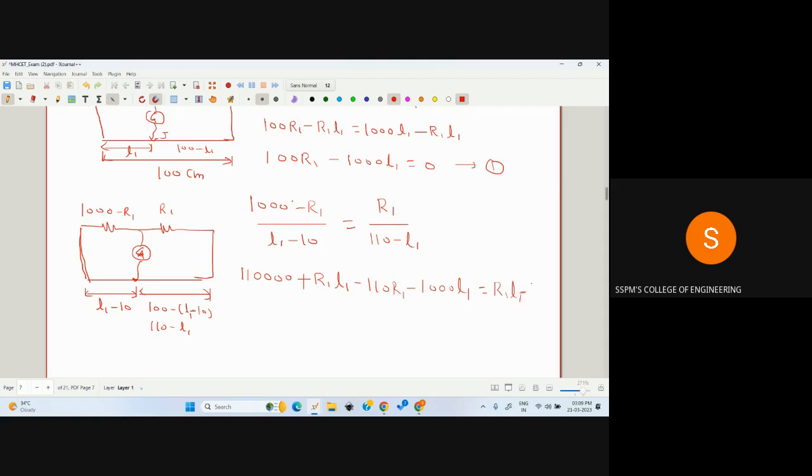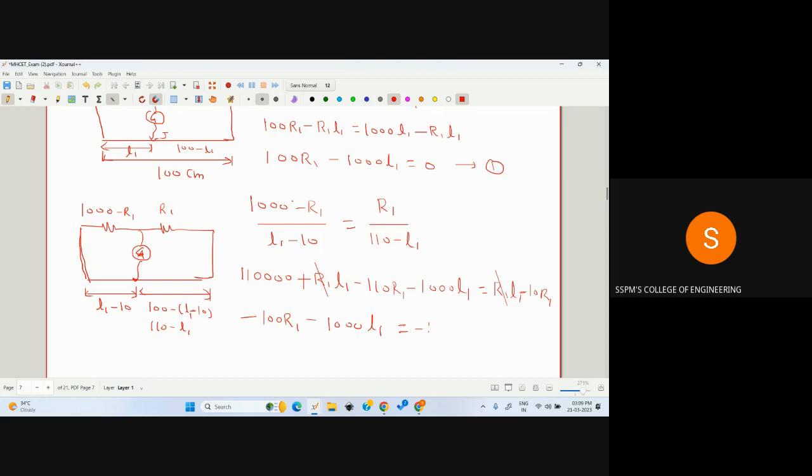minus 10 R1. Now R1 L1 and R1 L1 from both sides will be cancelled. Then minus 110 R1 and this one minus 10 R1. You take minus 10 R1 to the left hand side, it gives minus 100 R1 minus 1000 L1 is equal to minus 11 followed by 4 zeros.